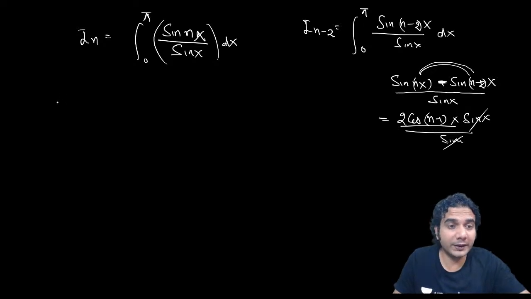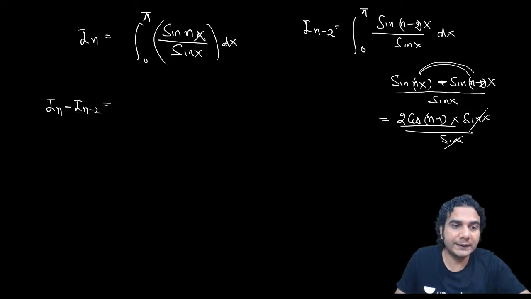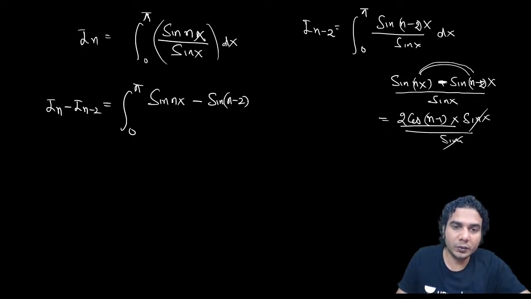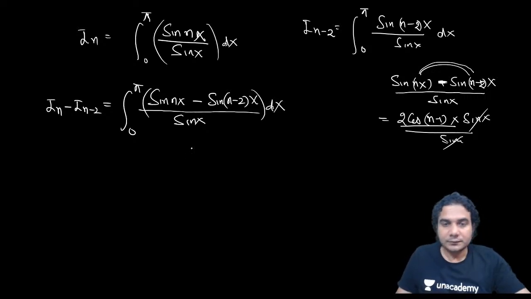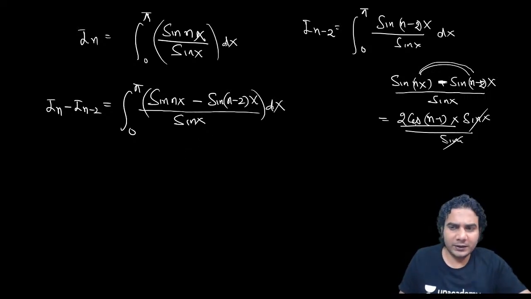This is a very, very important example. So I_n minus I_{n-2} is equal to integral 0 to pi of (sin nx minus sin (n-2)x) divided by sin x dx. And after this, apply this formula. We have already done the calculation, so directly write it.